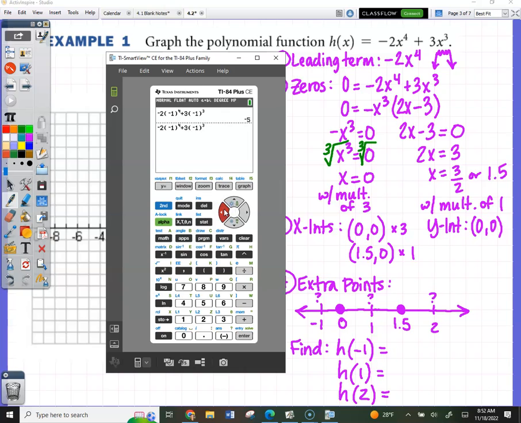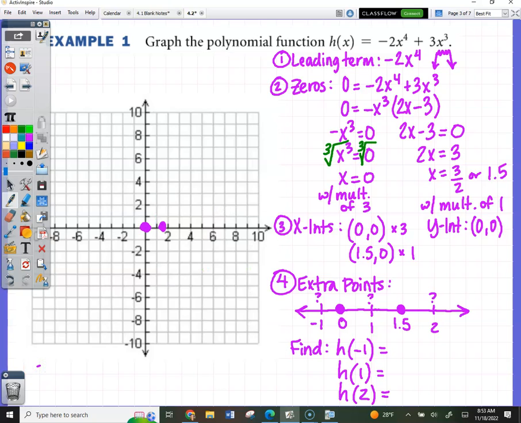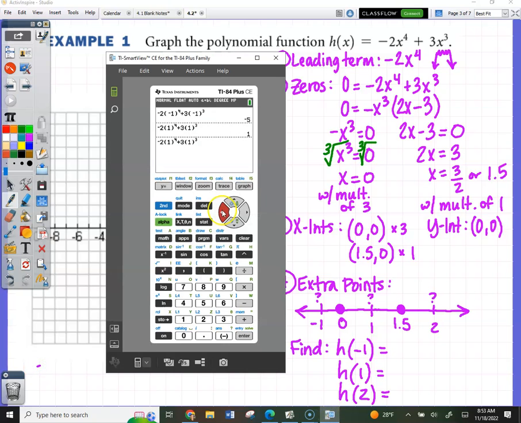Like I'm just going to delete the negative. And then you're not retyping the whole thing. Then second enter, I'm going to change it now to 2. Did you get -5, 1, and -8?